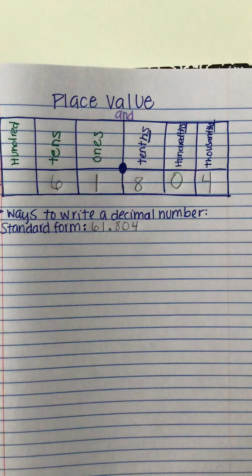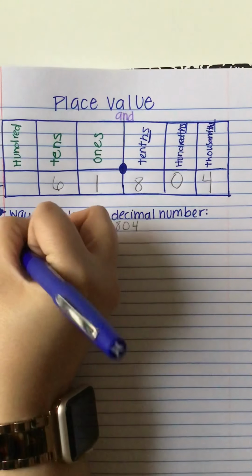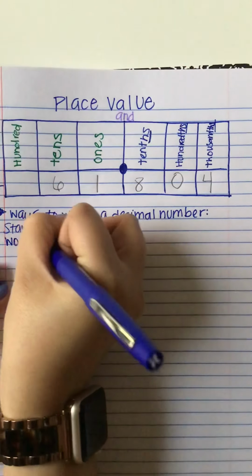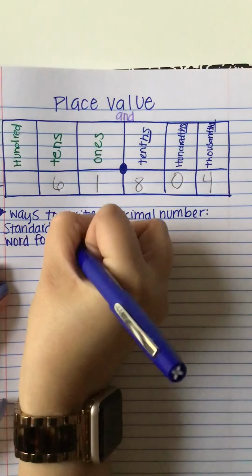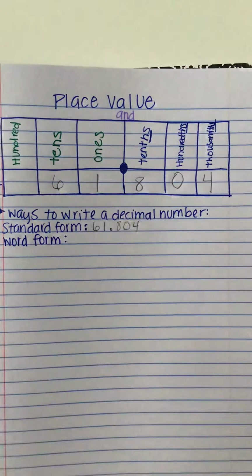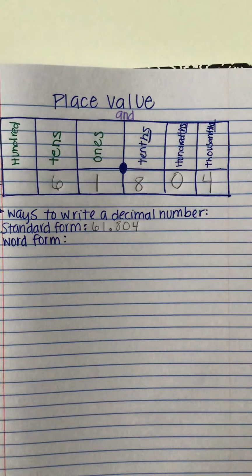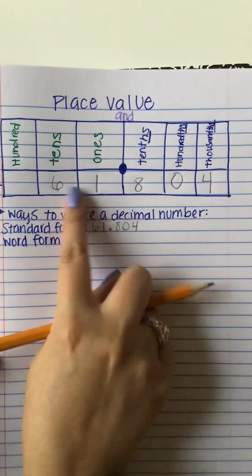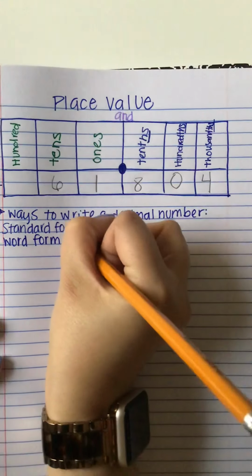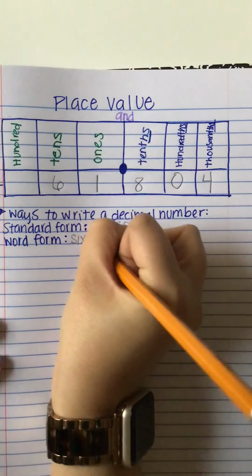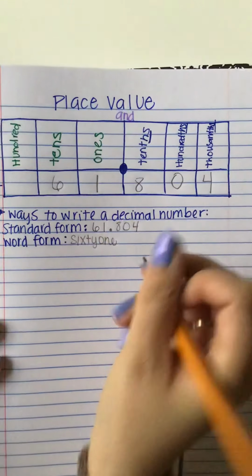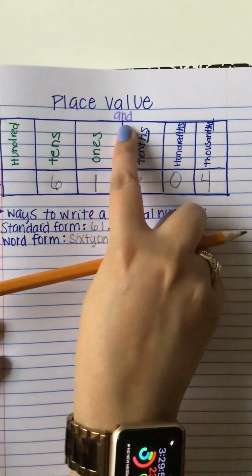The next one is word form. Now, word form helps you whenever you're trying to think about how you would say a number out loud. So here, my first number is 61. And then I have my decimal, so I'm going to write and.